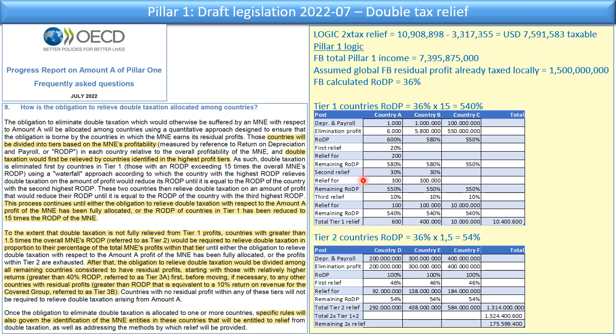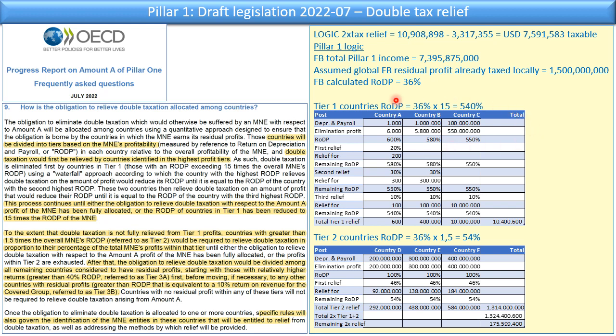I'm not sure how that would work. But there is room for it, right? Because then you would have effective tax left in country A of 400 of the original 60,000, because that'll be 6,000 minus 5,400. But it doesn't say that.